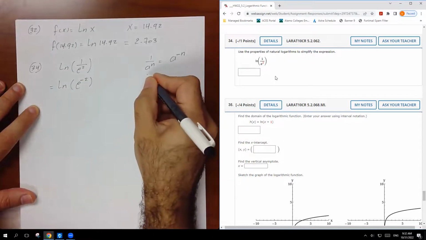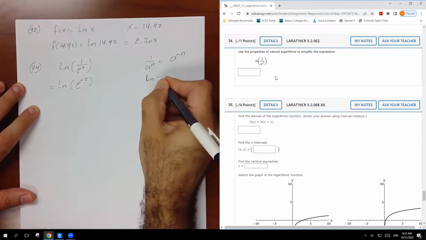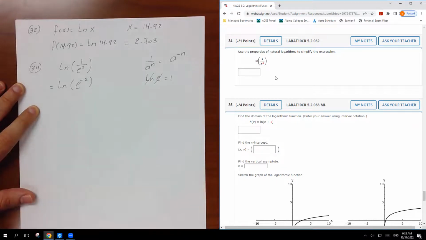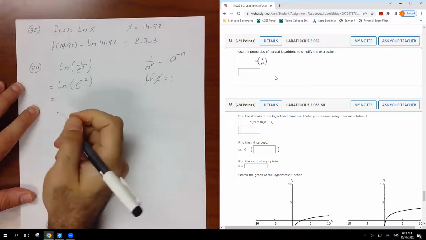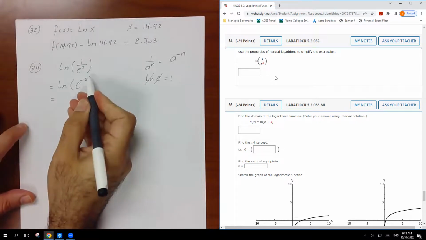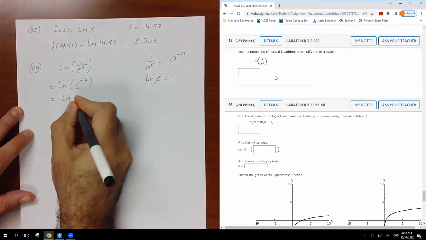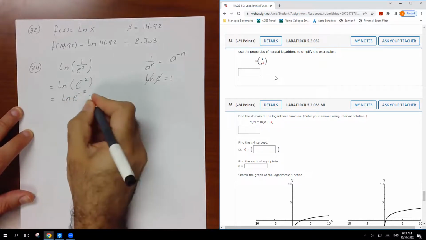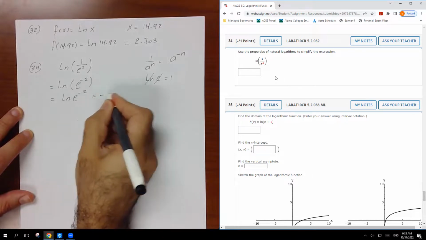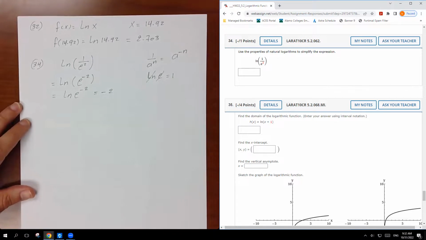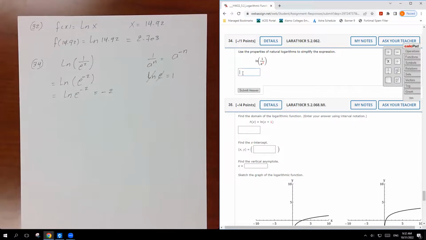Then we have a rule that says if you have ln of e equals 1, that means you can cancel these. That means what is left here is just the exponent, which is negative 2. Because ln of e to the negative 2 is equal to just negative 2. That means we can simplify example 34 to only negative 2. So we can type here negative 2.